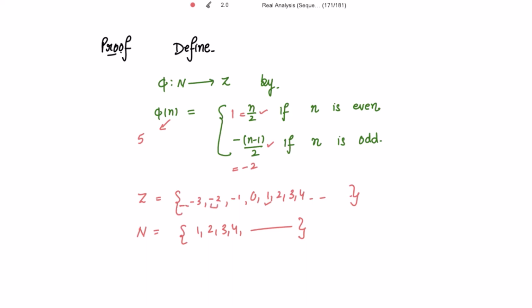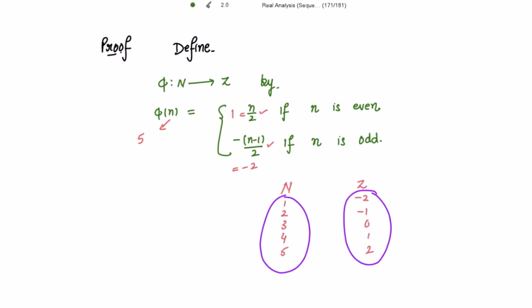So can you see that there is a mapping between the set of natural numbers and the set of integers? For n equal to 2, we are getting a positive integer. For n equal to 5, we are getting a negative integer. Likewise, when you put the even natural numbers or odd natural numbers, you are getting positive or negative integers, right?